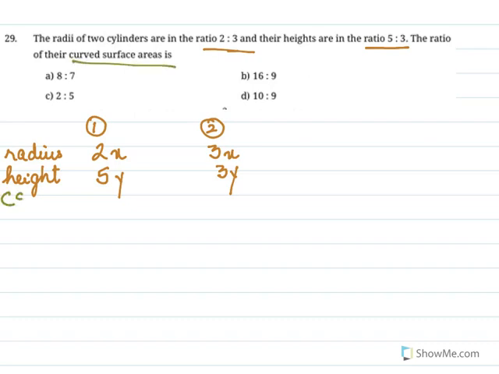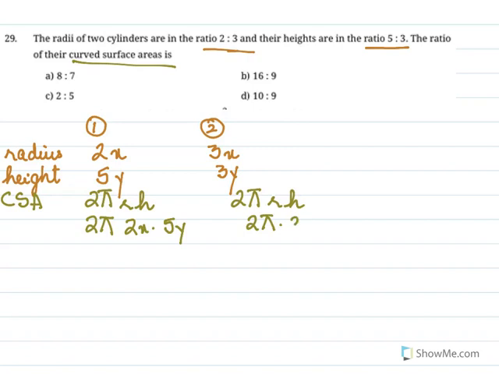So the CSA is 2 pi RH. Here also 2 pi RH. So this is 2 pi, the R here is 2x and the H is 5y. Here 2 pi, the R is 3x and this is 3y.